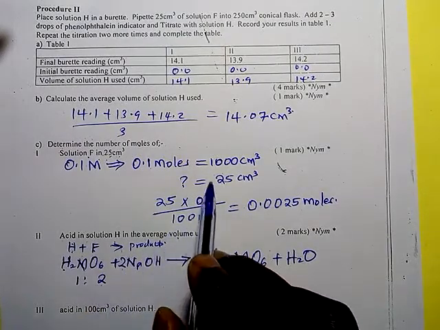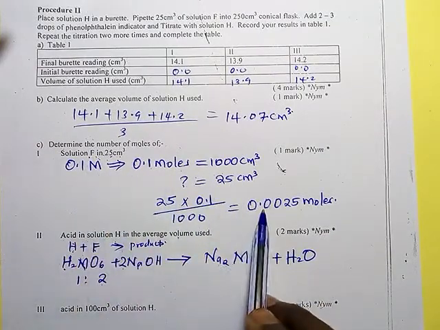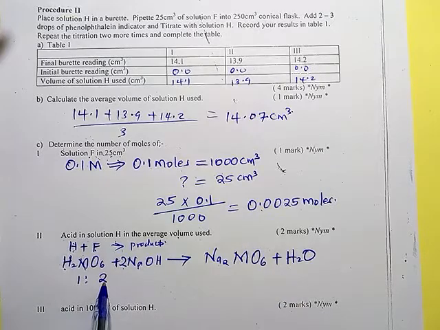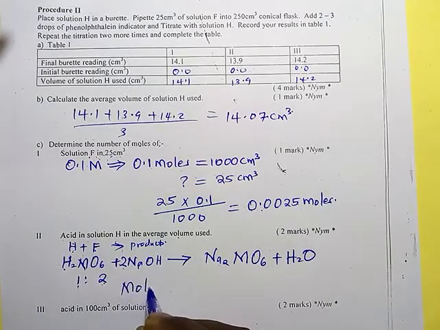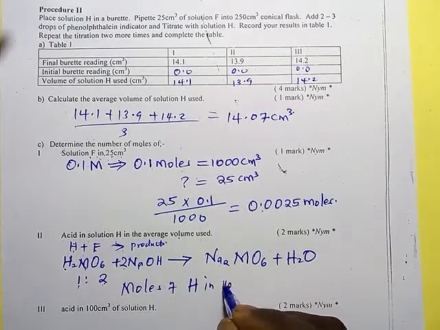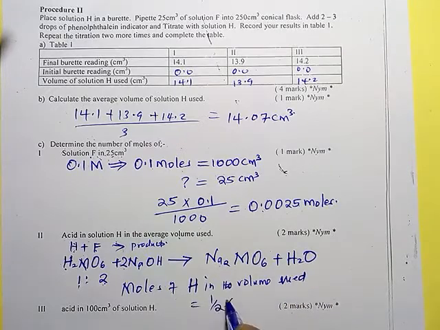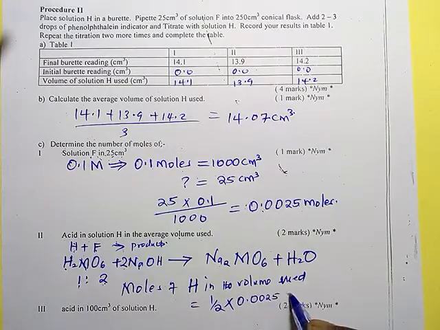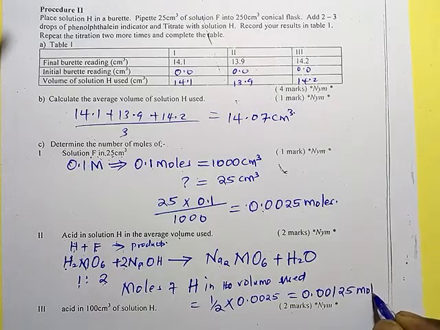But we have the number of moles of the base F that reacted. So if 2 is 0.0025, what will be 1? It means that moles of H in the volume used is equal to a half times the moles of F, a half times 0.0025, which is equal to 0.00125 moles.